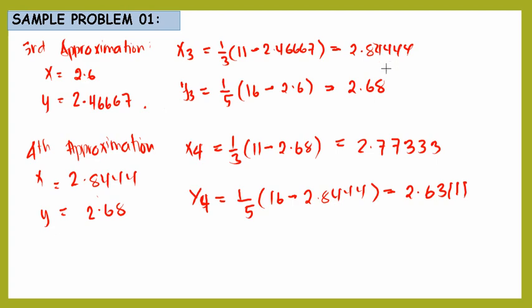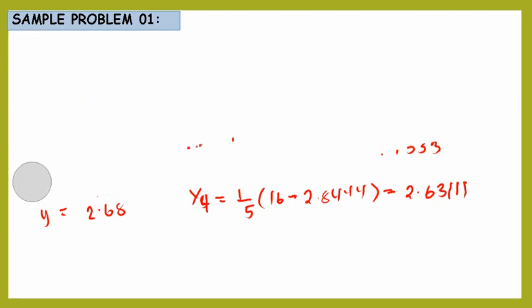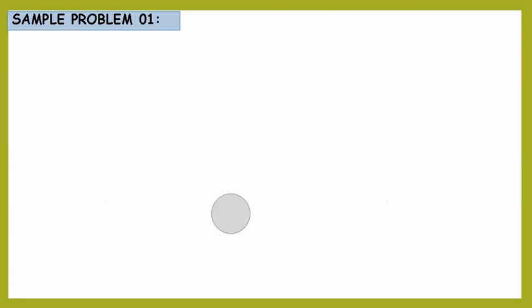So, pag tinitignan nyo yung third approximation and fourth approximation, hindi pa sila magkaparehas. Hindi pa natin i-stop yung ating iteration. So, stop lang natin yung iteration natin pag magkaparehas na yung 2 consecutive approximation. So, that is our fourth approximation.